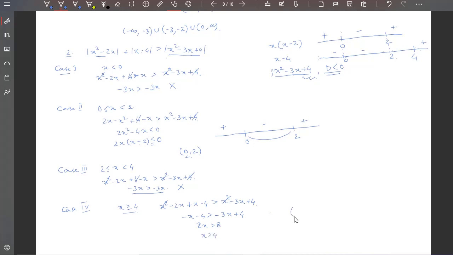In this case our solution will be 4 to infinity.